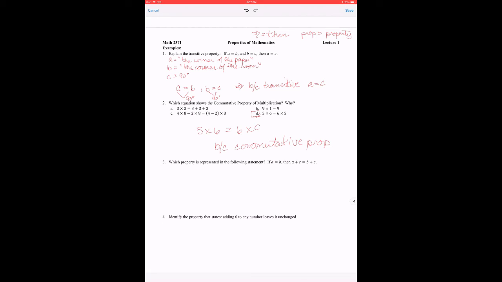The next property is the addition property or the additive property for equality.